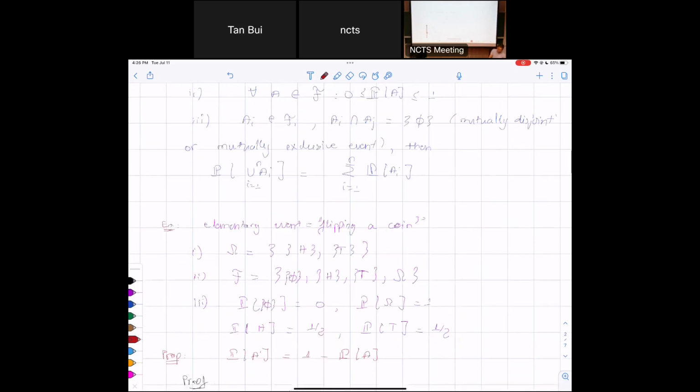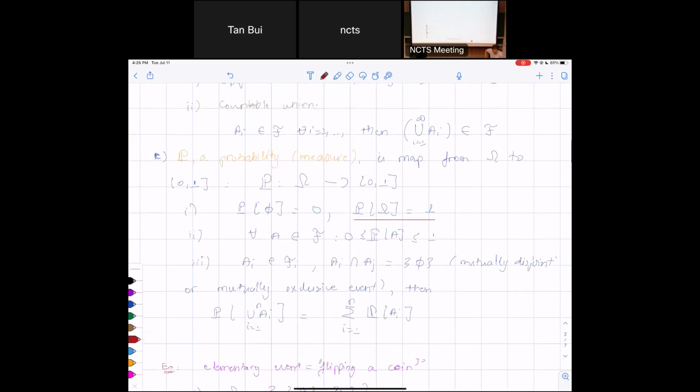Show at least the three conditions here. Now, the empty set is in the state space. What is the inverse image of the empty set? Empty. So the probability of the empty set is equal to the probability of its inverse image, which is empty, therefore zero.